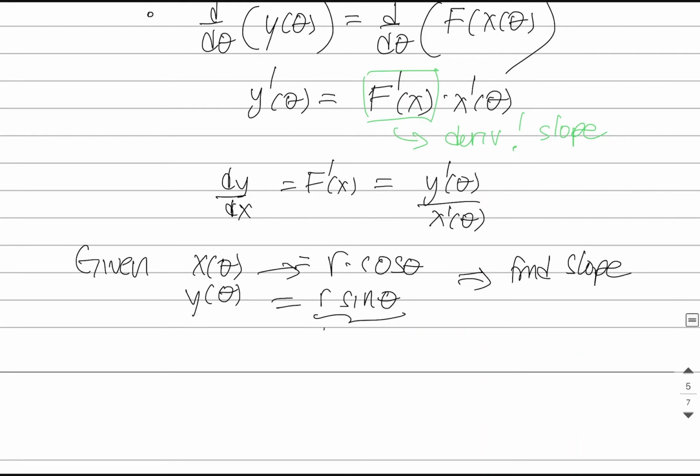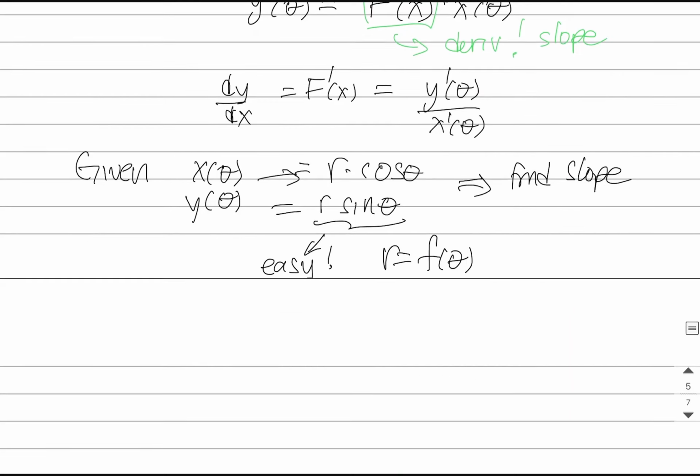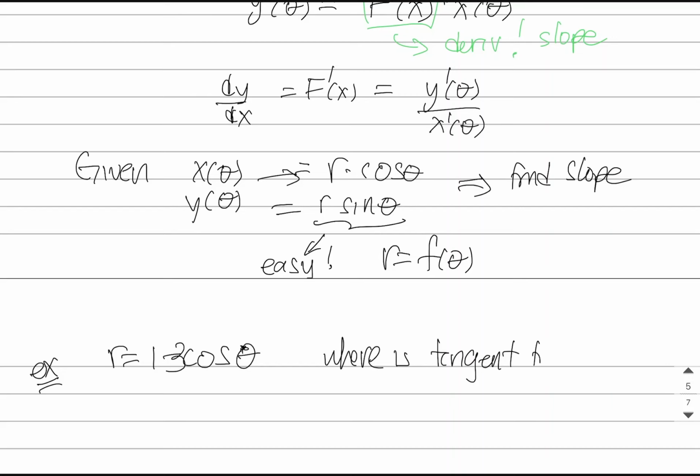And these two things are easy because I will always be given my radius as a function of theta. Now, in the example that I was working on, 1 minus 3 cos theta, where is the tangent to the curve vertical?